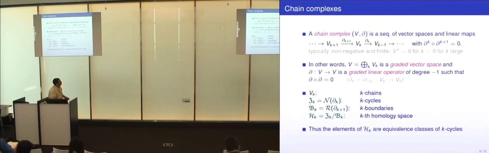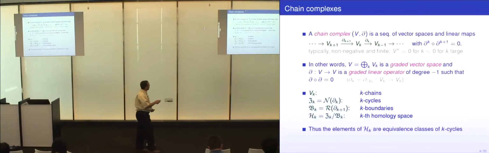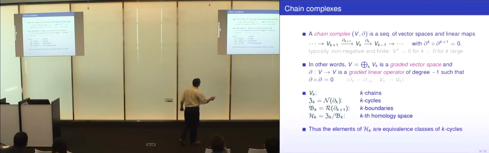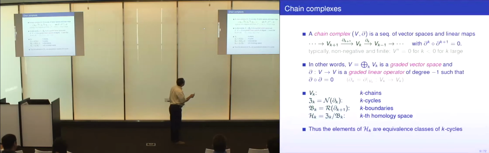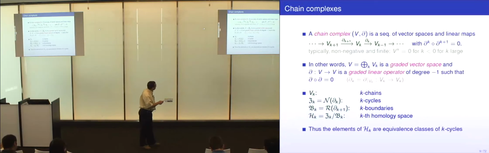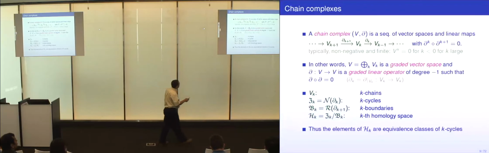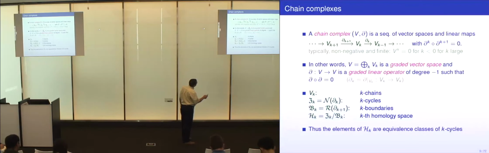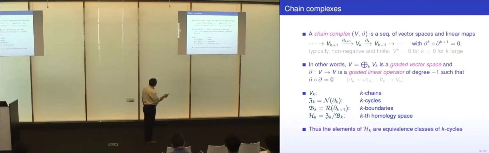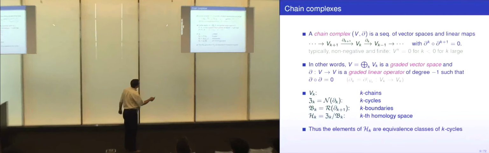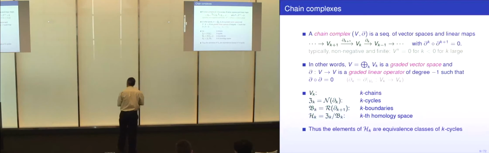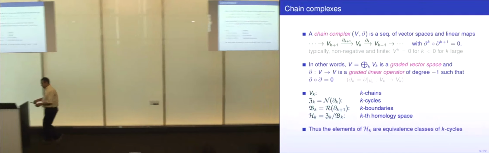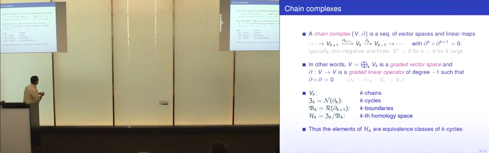So first we'll start with the chain complex. So a chain complex is nothing other than a sequence of vector spaces and a sequence of maps mapping one to the next. And we index these so the numbers are going down, and in all our examples, when you hit 0, beyond 0, the vector spaces will be 0. And for k large, they'll be 0, so we really only have a finite sequence of vector spaces.